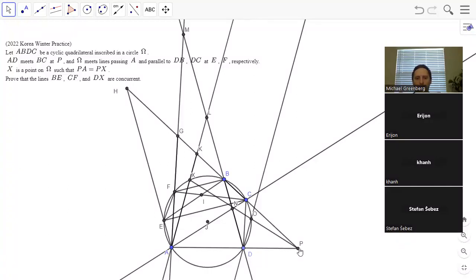I didn't solve it, but we know that we have a homothety at P that takes BC to GH. I don't know if that makes it easier at all, but that's what I was thinking. Probably helps, not sure though.